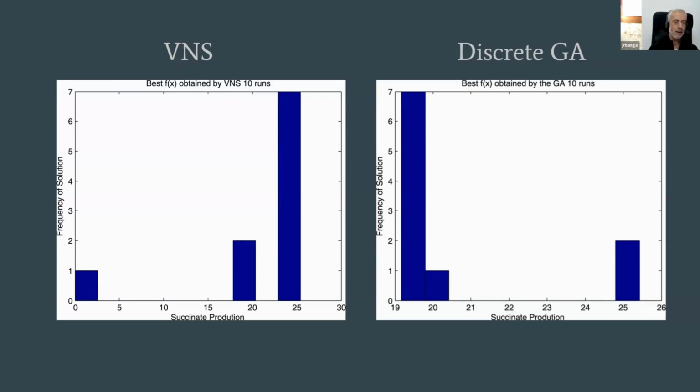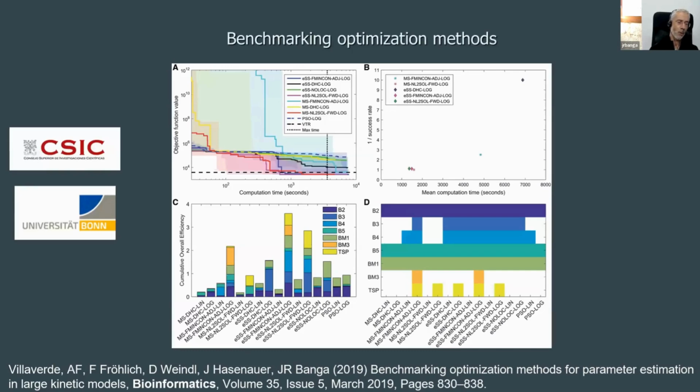And as was also the case for scatter search, this was the motivation to include this method and not a genetic algorithm or simulated annealing. Now, of course, in addition to these very small problems, we have, along the years, done a number of benchmarking exercises. One of the most recent ones was done with a group from University of Bonn in Germany.